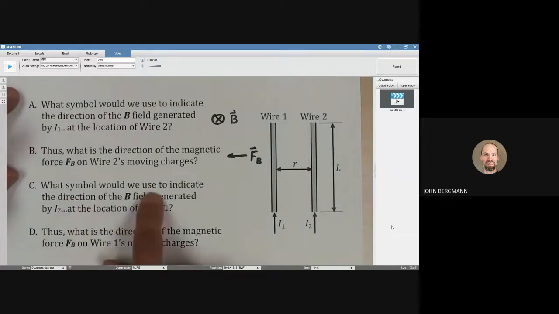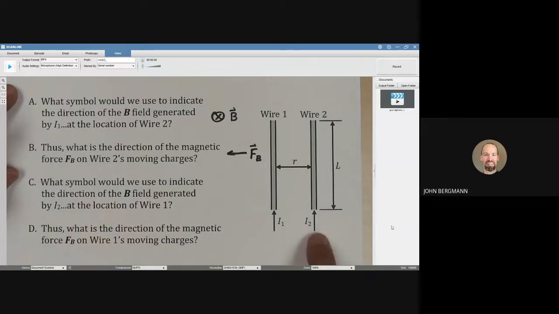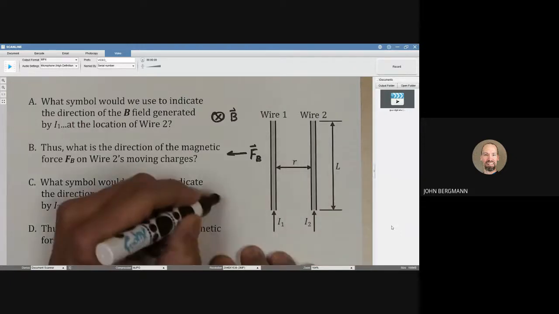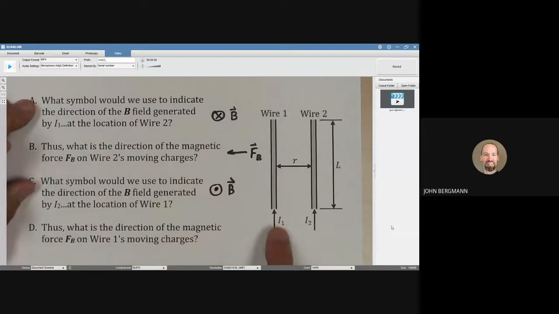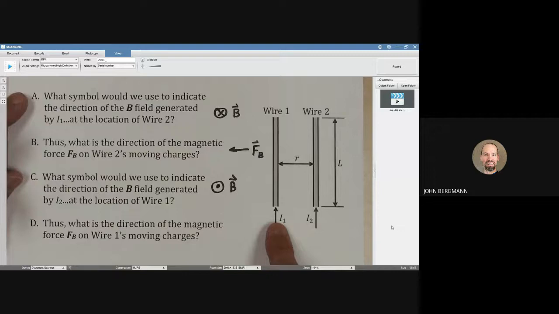What symbol would we use to indicate the direction of the magnetic field generated by I2 at the location of I1? Let's use our thumbkin twist and right hand rule again. We're going to line those up with the way I2 is going, and which way would our fingers curl at the location of I1? Towards us. The magnetic field is directed towards us right here where I'm pointing. And so those charges are going to feel a force because they're moving in a magnetic field.